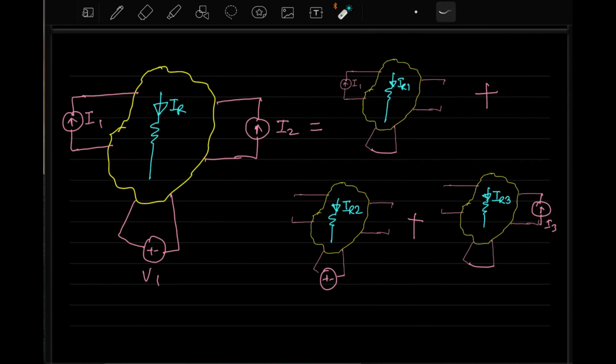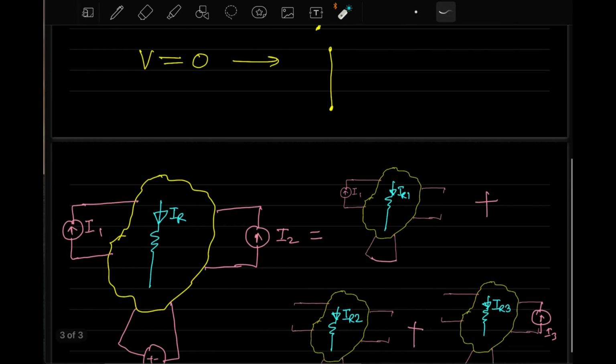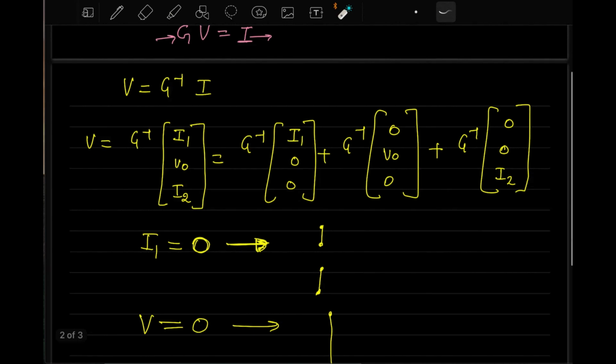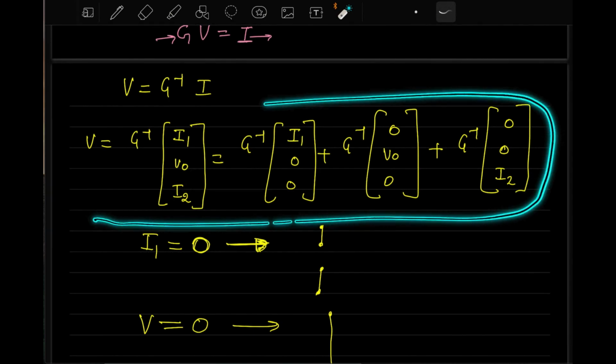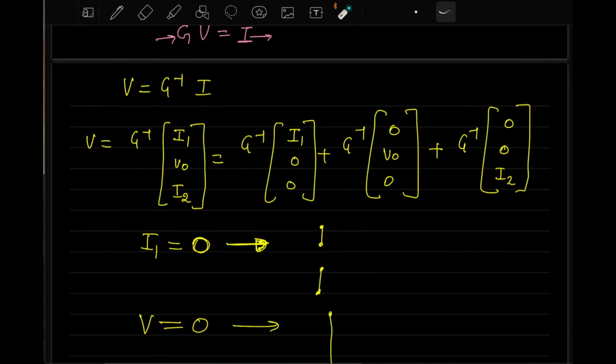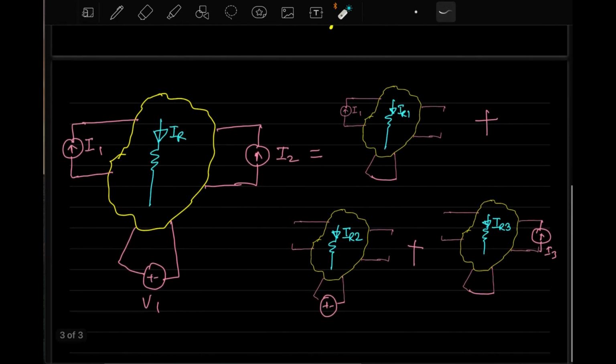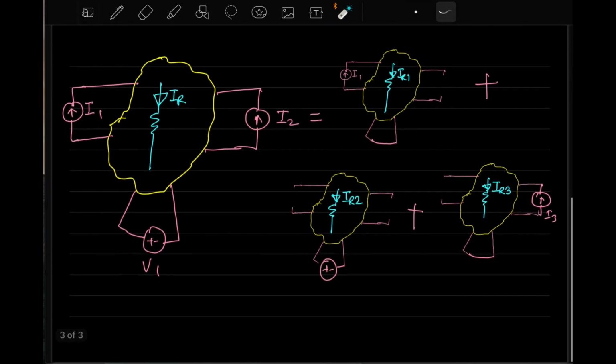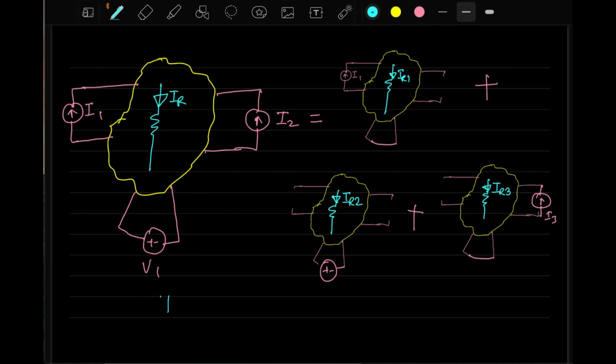I am not cooking up this story, you can see it's from mathematics. So if you want to calculate IR for this circuit on the left side, that will be equal to IR1, IR2, and then IR3.